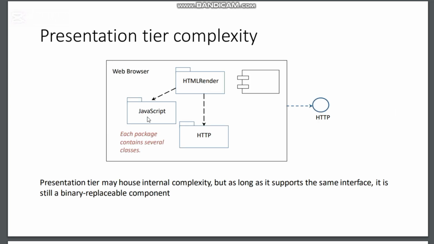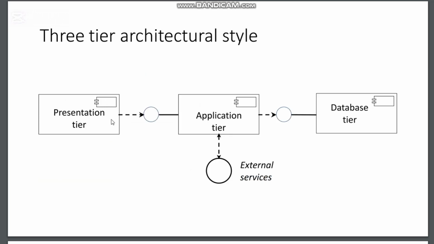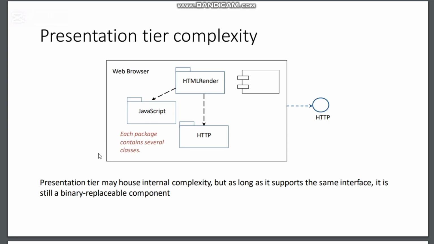Now here we have the HTML renderer, which includes both JavaScript and HTTP. Each package contains several classes, and they are making up the web browser. It may house internal complexity, but as long as it supports the same interface, it is a binary replaceable component. We can change it with some other, but it must support the same interface, like HTTP.